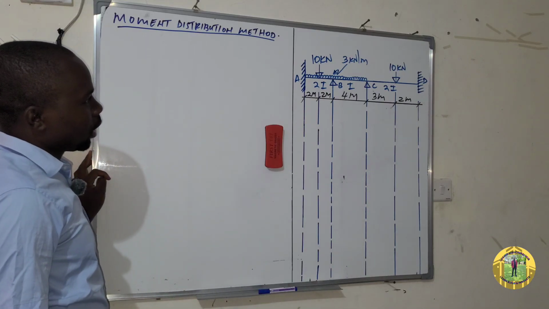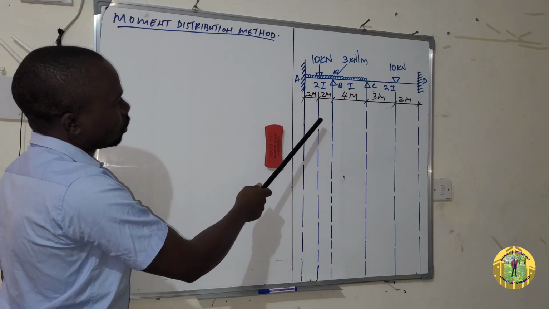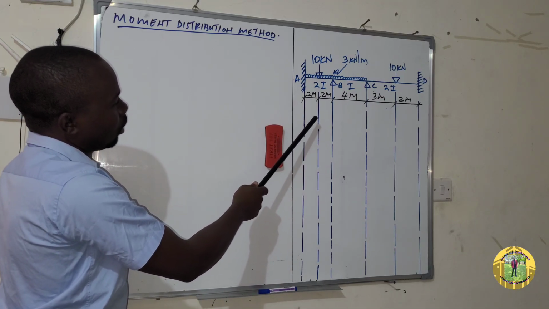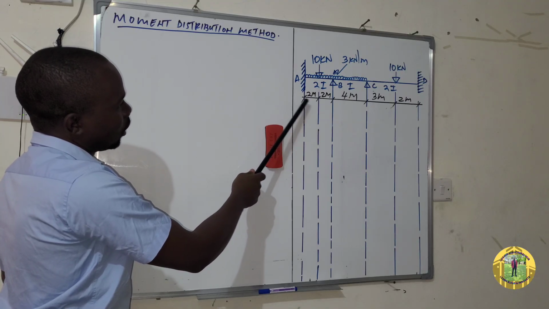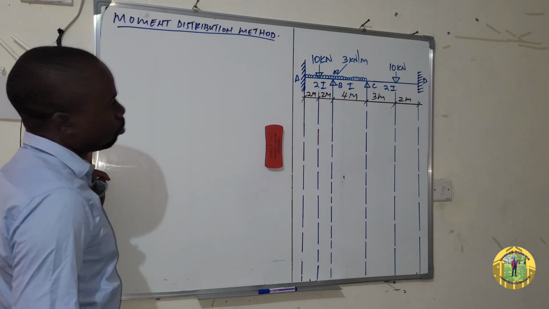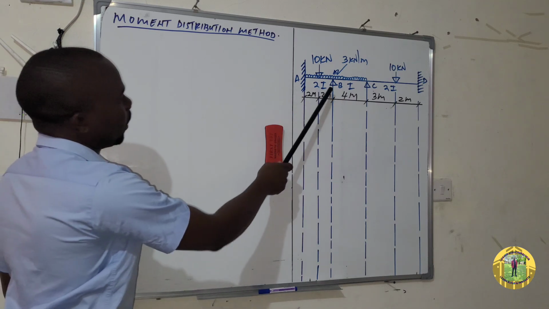The loadings are point loads and UDL. We have a 10 kilonewton point load placed 2 meters from support A and 2 meters from support B, so it is at the center of span AB.